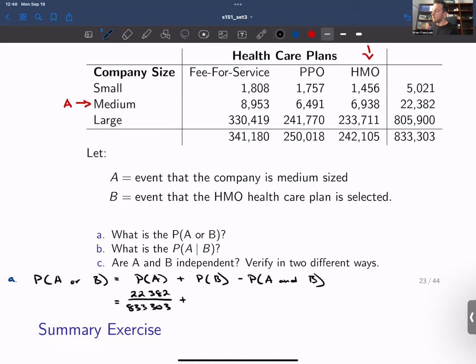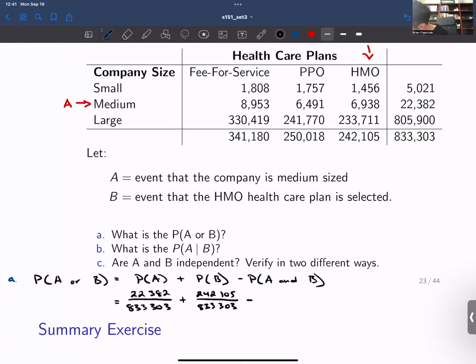Okay. Probability of B, this is asking, what is the probability that person is subscribed to a company with the HMO healthcare plan? Okay, same logic as for the probability of A. So this is going to be 242,105 divided by 833,303 minus the probability that one person works for a medium-sized company that is also subscribed to the HMO healthcare plan.